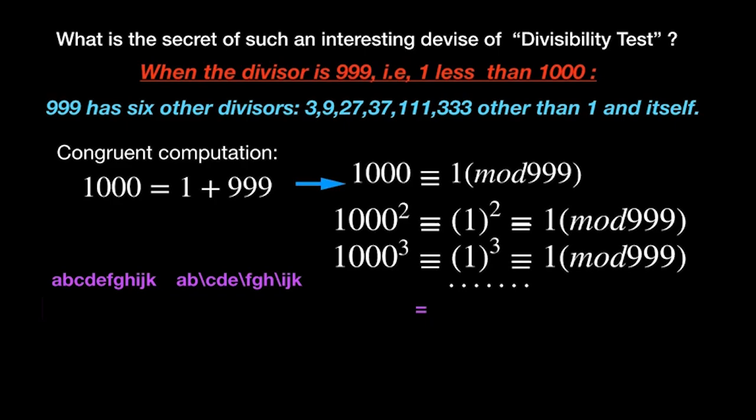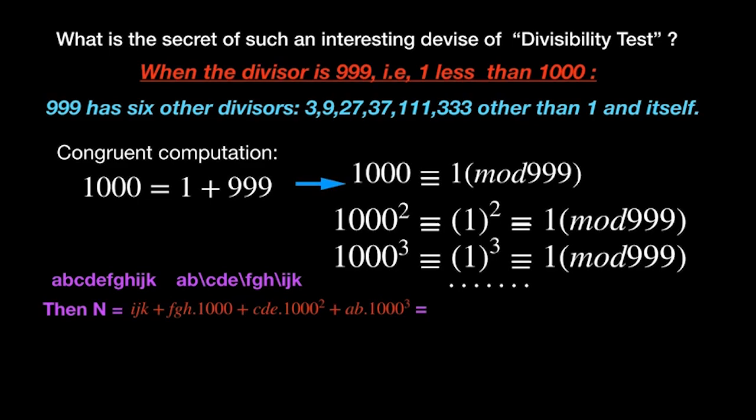First K, J, I, then H, G, F, then E, D, C, and then A, B. So the number can be expressed as I, J, K, the last 3 digits, into 1000 to the power 0, that means 1, plus F, G, H, the next block of 3 digits, into 1000, plus C, D, E into 1000 square, plus A, B into 1000 cube.